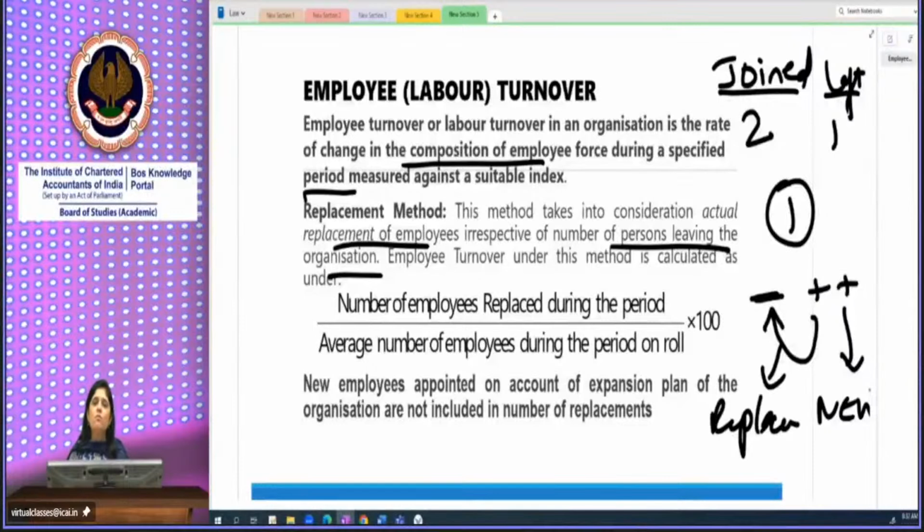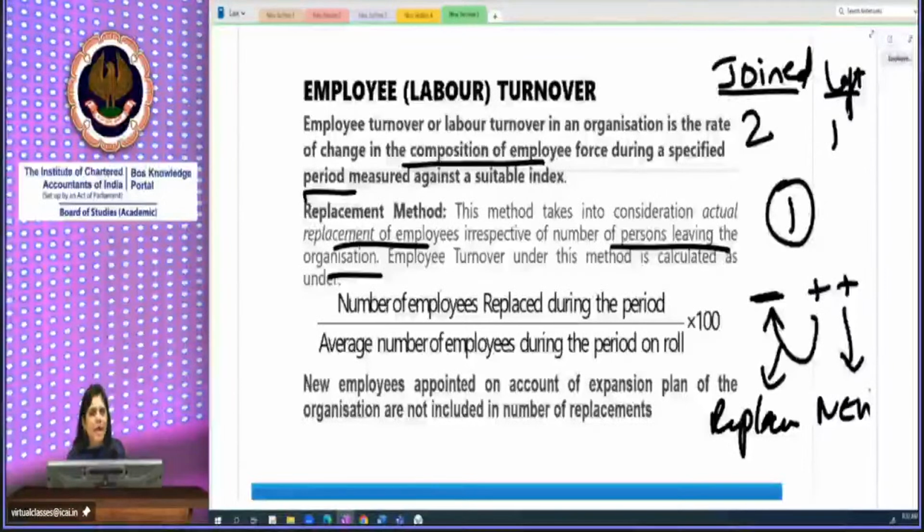Replacement is when a person has left and another person has joined. If there is no vacancy and another person has joined, that is not replacement. That is a new joinee. Replacement happens only when there is a vacancy, because one person has left and we have appointed another one to replace the person who has left.